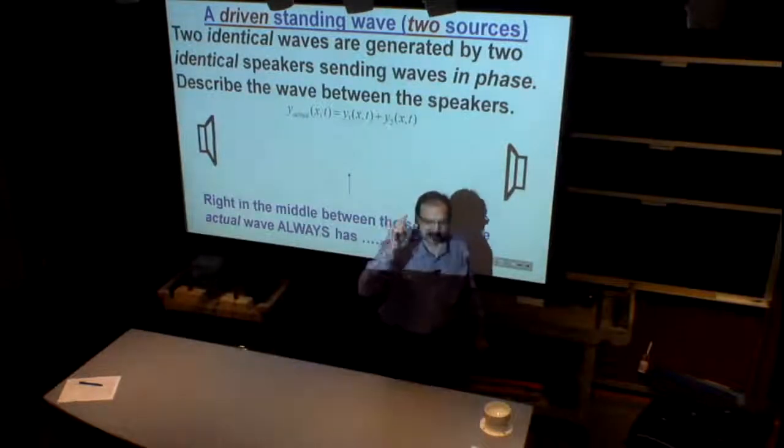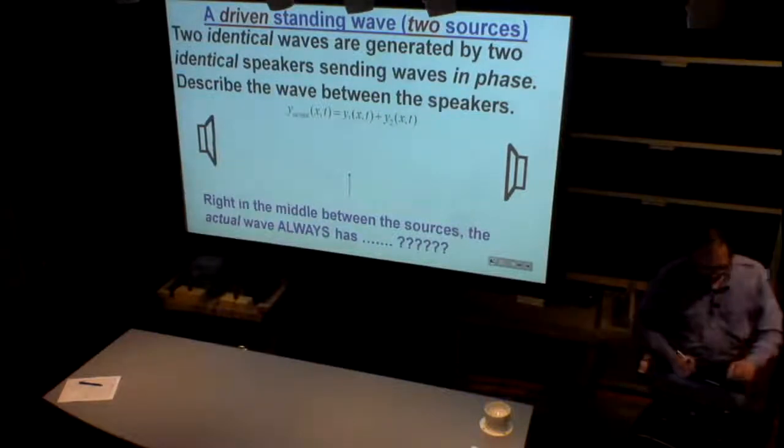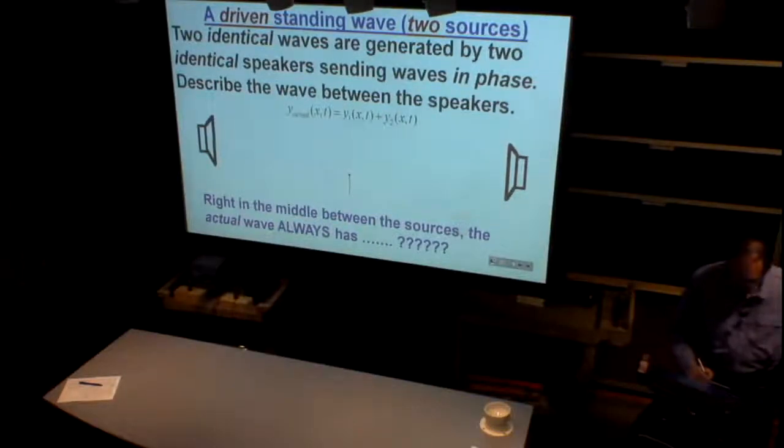When one points up, the second points up. When one points down, the second points down. So, for example, when the first wave reaches maximum, the second wave also reaches maximum at this instant, at this point.